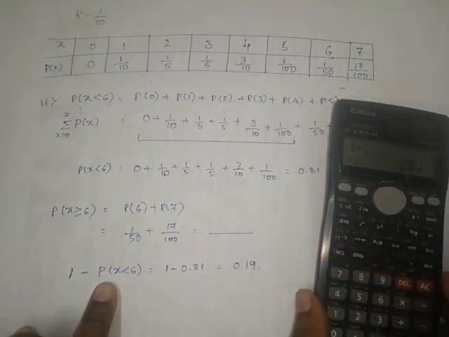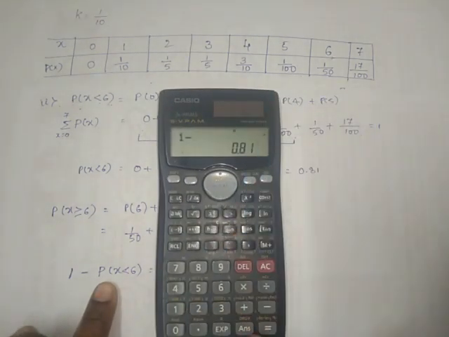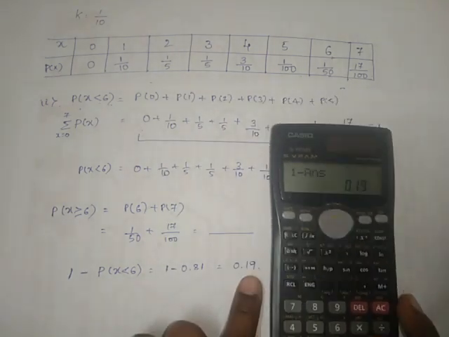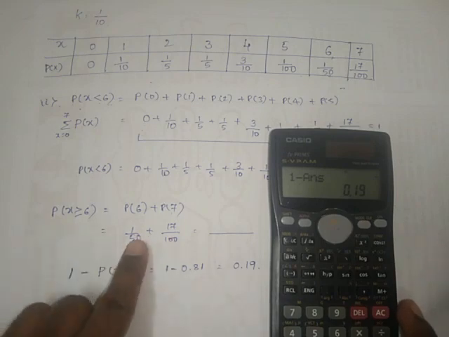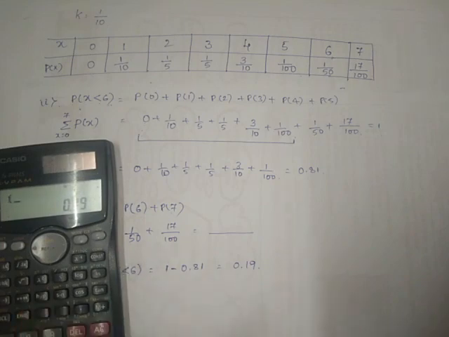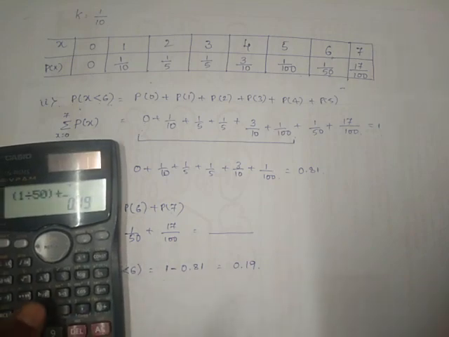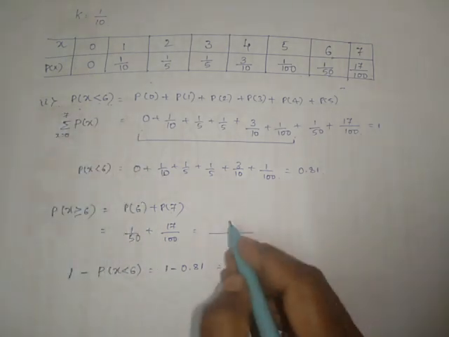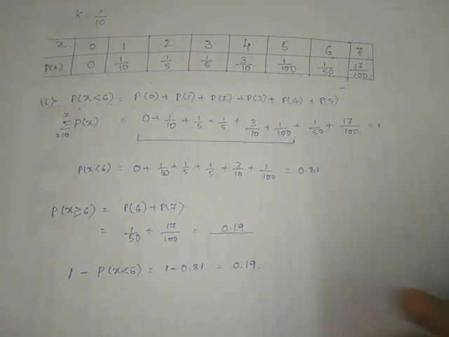This will be stored in answer. So click on answer, equals, 0.19. Fine, this is one method, and I'll show you this also: 1 divided by 50 plus 17 divided by 100, which is equal to 0.19. By both methods we got the same answer.